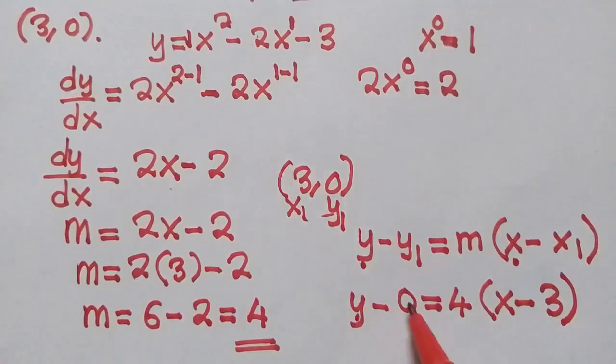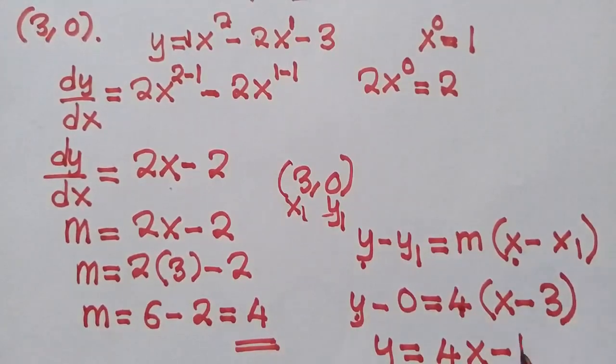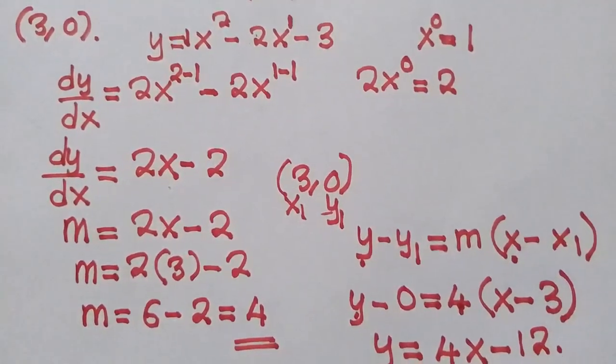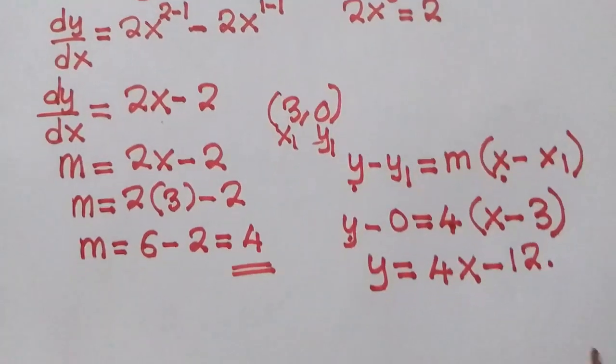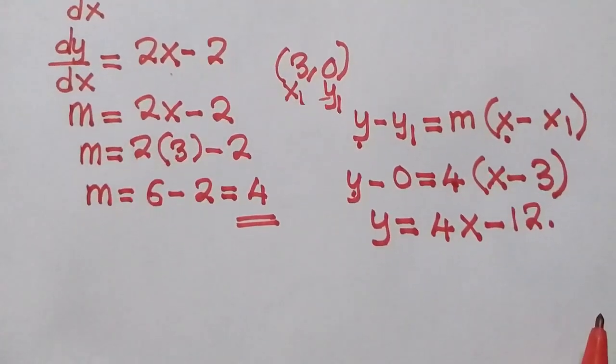What is y minus 0? It is y, which is equal to, what is 4 times x? We are going to have 4x minus, what is 4 times 3? It is 12. So this is the equation of the tangent. You've calculated the equation of the tangent.